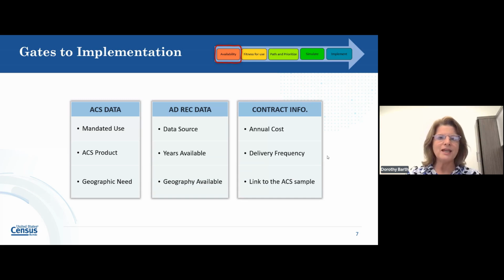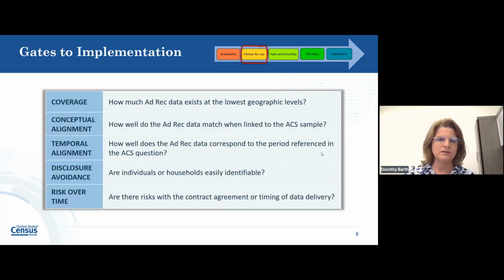After we've decided that, yeah, there's some good admin rec data available, then we have to ask the question, is it fit for use on the ACS? So when we're deciding that, we look at things like coverage. Is enough available at the low geography levels that we publish? Can we match to the ACS sample? That's the conceptual alignment we're talking about. Temporal alignment would be, sometimes an ACS question is in the last 12 months or last week, or things of this sort.